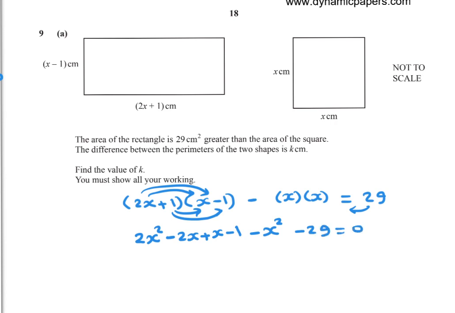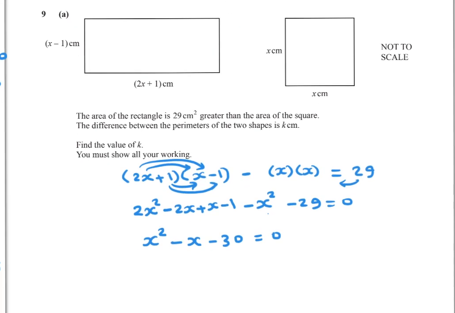Combine the like terms: we have negative x squared and positive 2x squared, so we have x squared. Now we have negative 2x and positive x, so negative x, minus 1 and minus 29, so negative 30, equals 0. We can solve this equation.